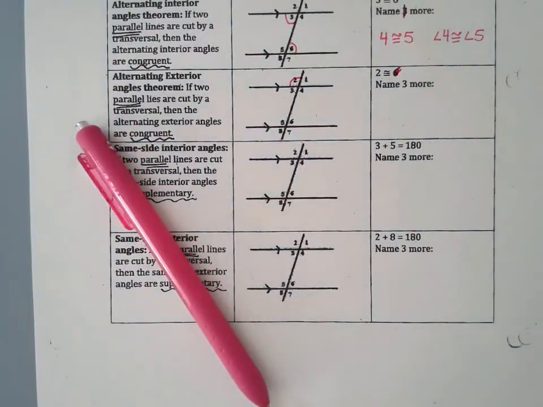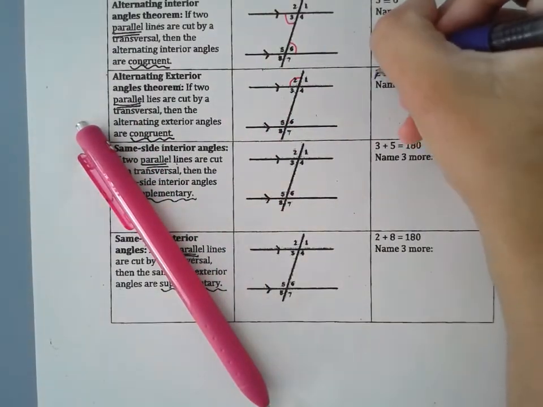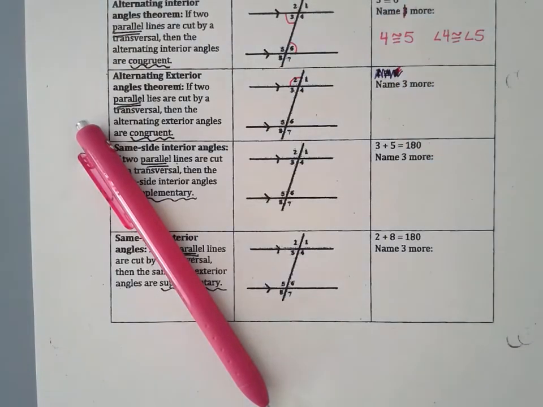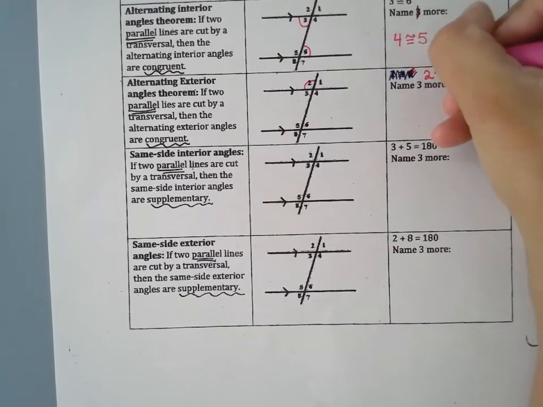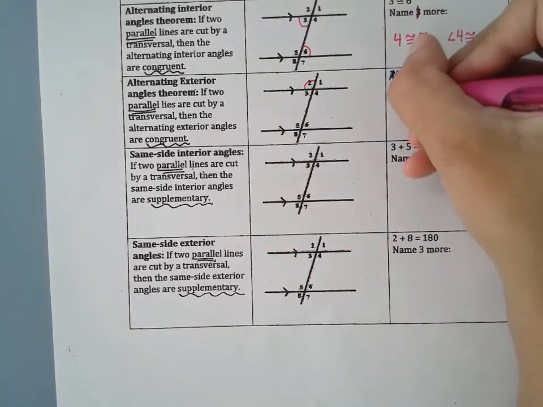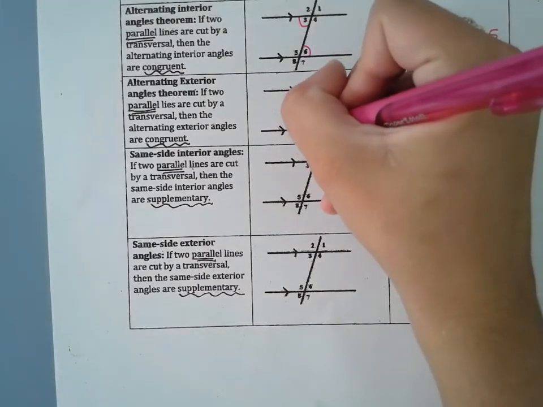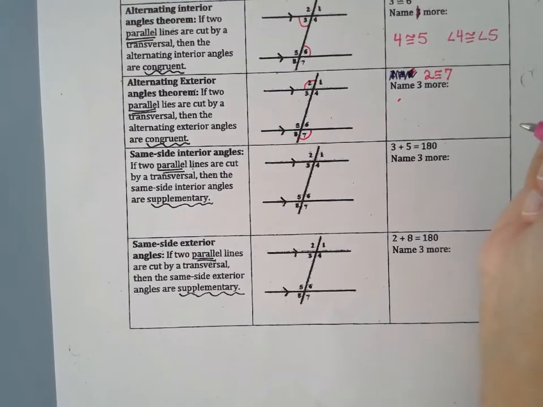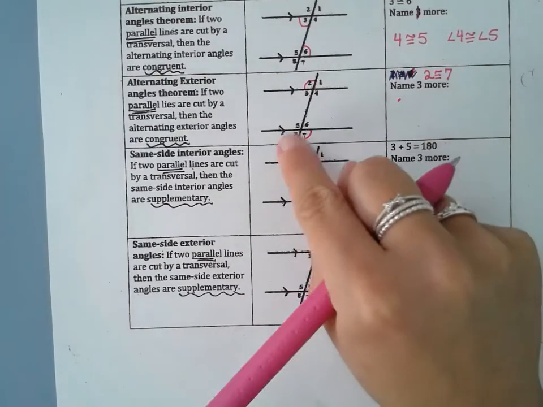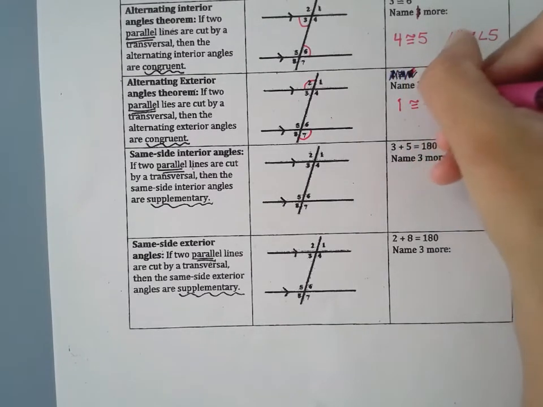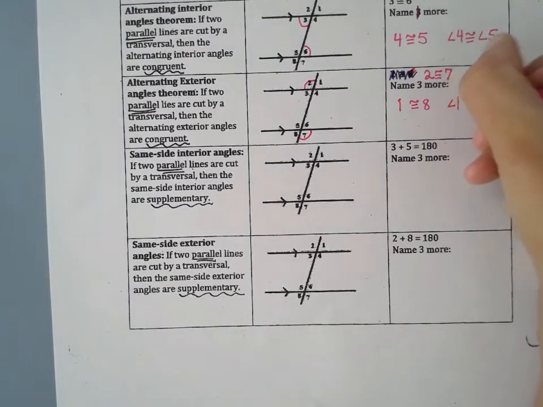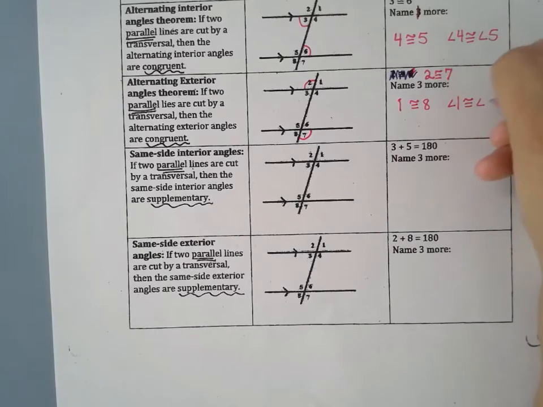We're going to mark that out. Two is congruent to 7. So angle 2 and angle 7 are congruent, and that means angle 1 and angle 8 are congruent. So 1 is congruent to 8, or we could see that written with the angle notation.